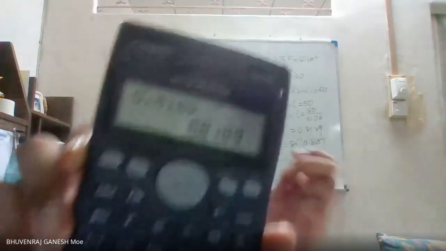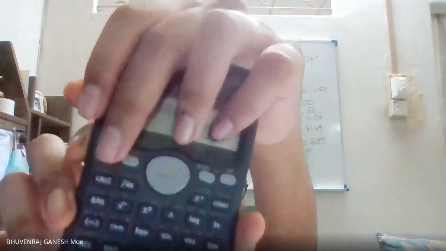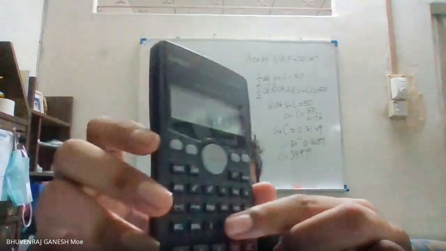Wait, I cannot see your calculator. You put in the value. Okay, and then you put equals. Then you see the button on top here, shift. You press that shift, and then the sine here. Then press equals.